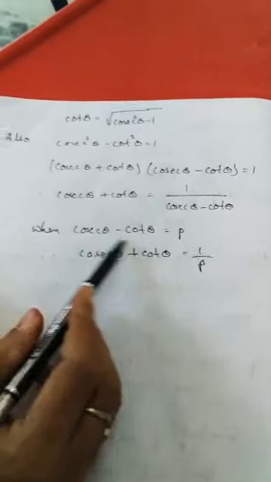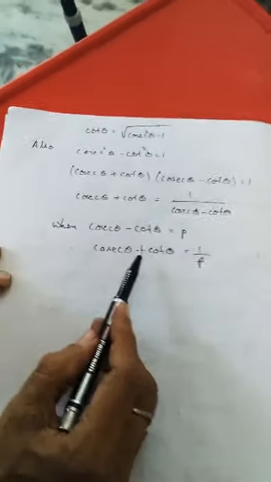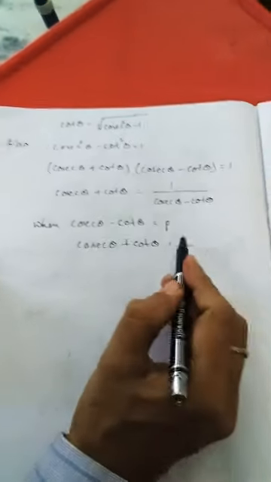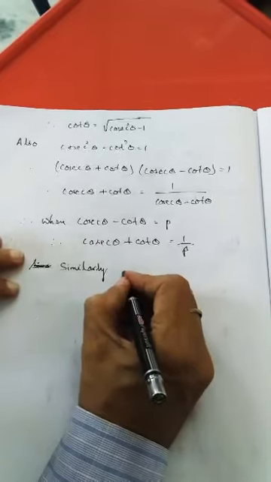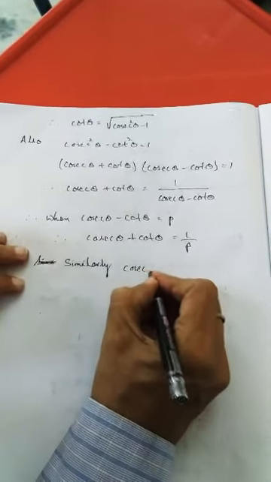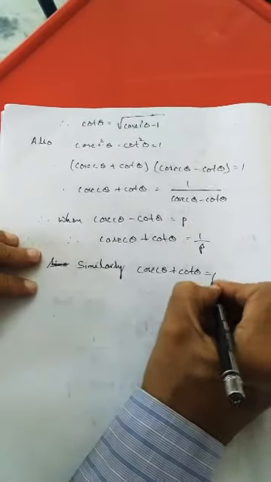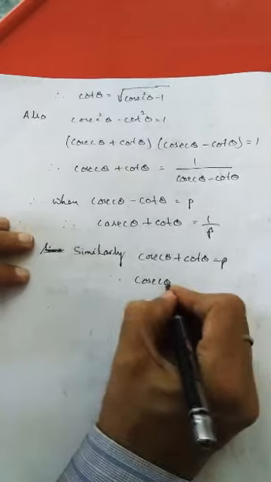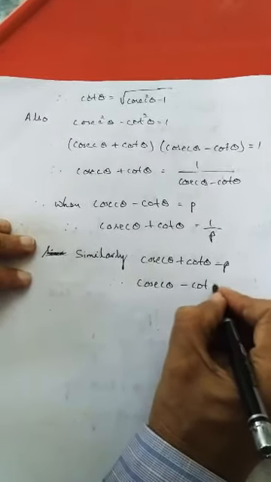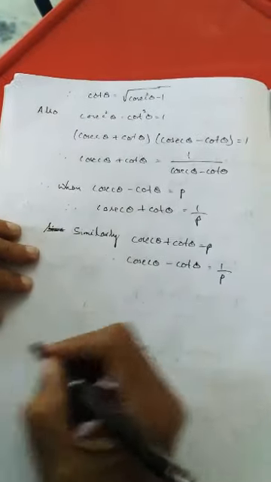So when cosec theta minus cot theta is equal to P, we can say that cosec theta plus cot theta is always equal to 1 by P. Similarly, if cosec theta plus cot theta is equal to P, therefore cosec theta minus cot theta is equal to 1 by P.